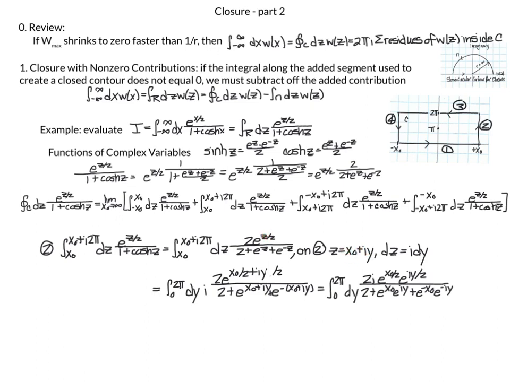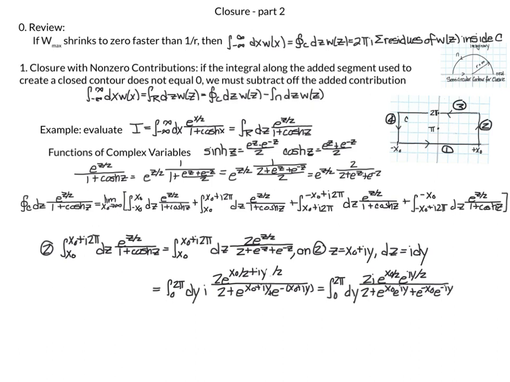Remember, x naught is constant, so I have e to the x naught over 2 plus iy over 2, and I'm just doing this portion here, replacing this z over 2 with this z over 2, divided by 2 plus e to the x naught plus iy plus e to the minus x naught plus iy.